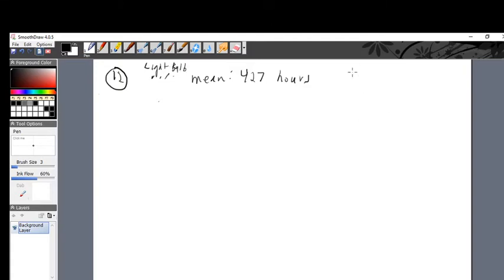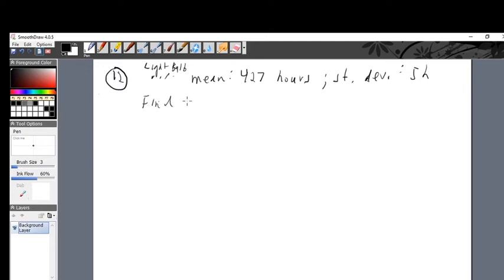Whatever. Battery, what doesn't matter. 427 hours. Okay, now they also tell us standard deviation, right? Crucial information, standard deviation. What do they say? Then it is 5 hours.